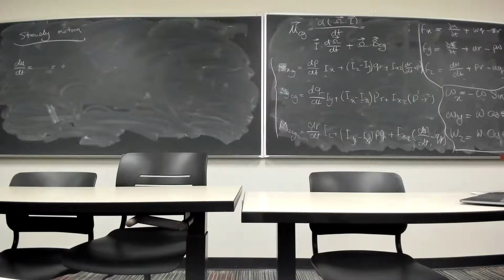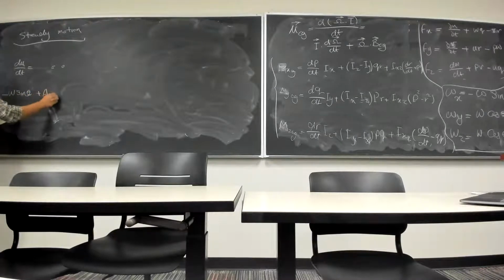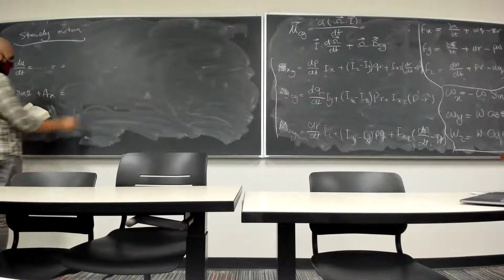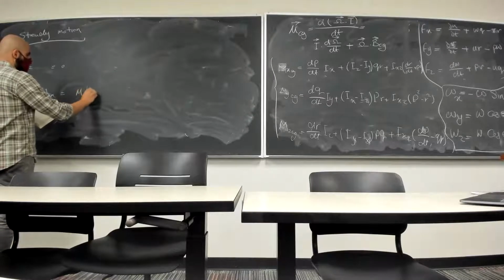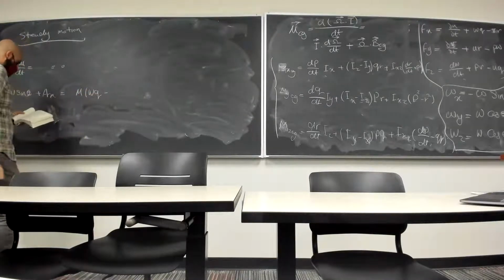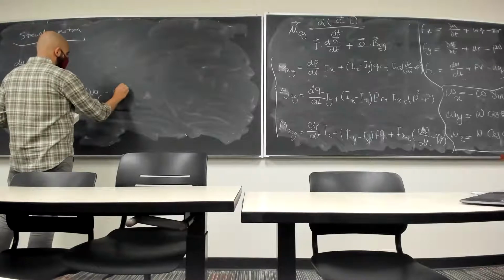So we can actually reduce these equations of motion to these. I'm just going to write them on the board. For the first one, W sine of theta, which was Wx, negative W sine of theta, plus all of the aerodynamic forces in the x direction, is going to be equal to m(wq minus vr).